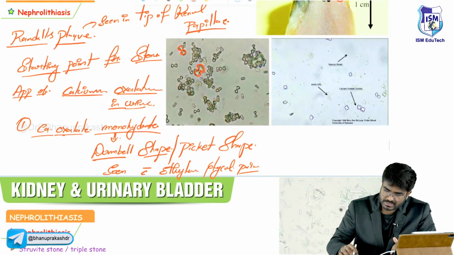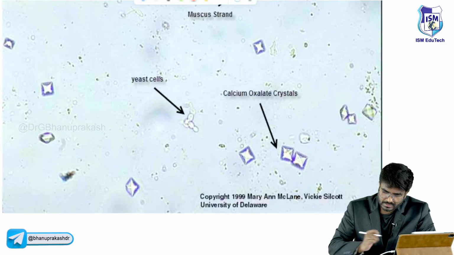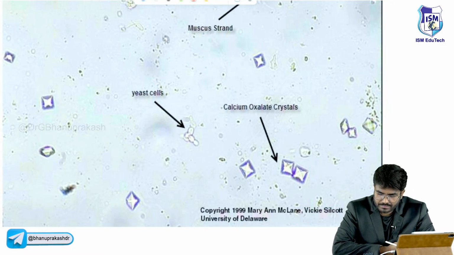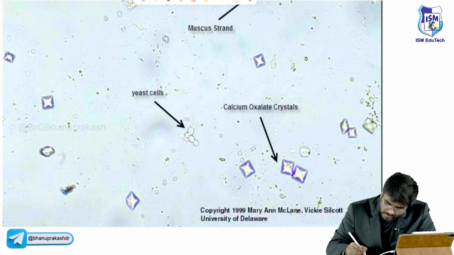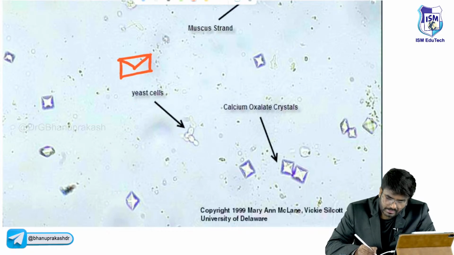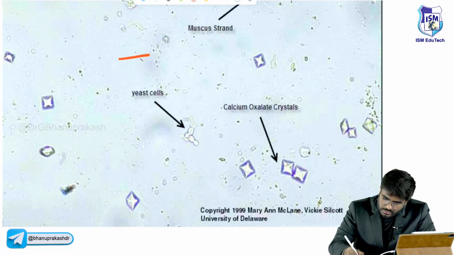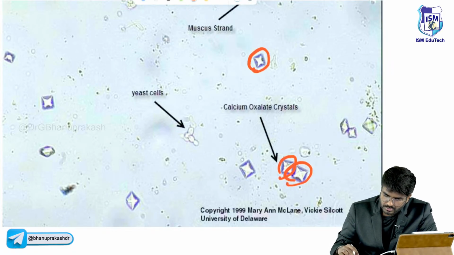The second type of crystals, which you can see here, these are also calcium oxalate crystals, but how are they looking? They are looking like an envelope shape, right? You know the envelope, how it looks like the Gmail envelope. So what are these?